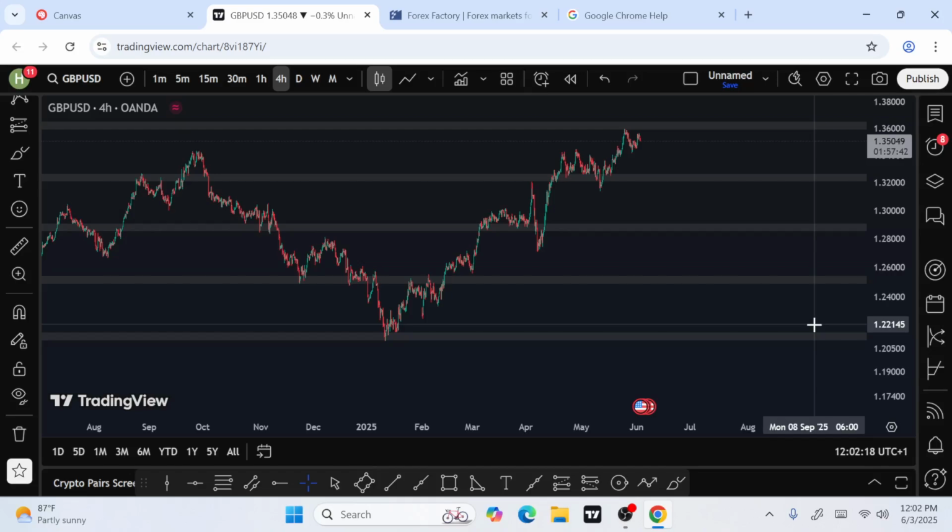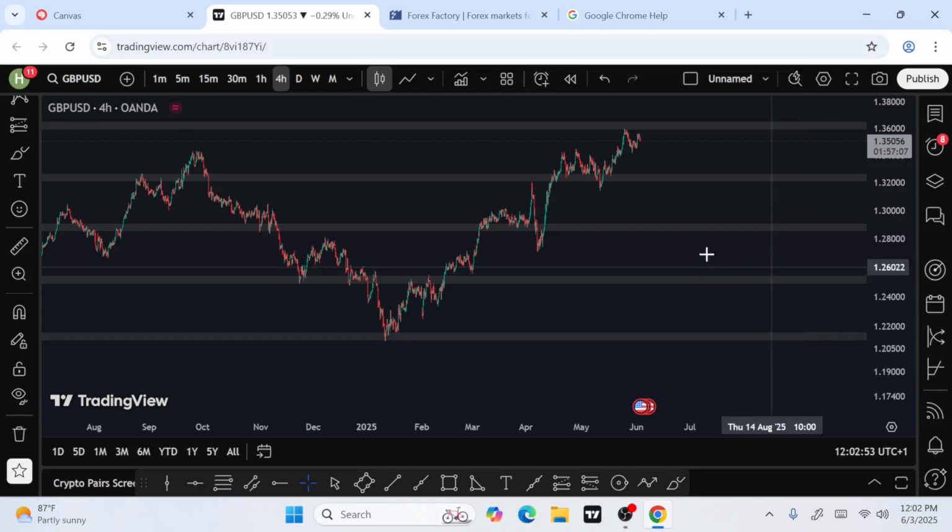A week and what? 4 hours. So to derive your minor zone, what time frame will it be? You are mixing it up. I said to derive your major zone, you use weekly time frame and daily time frame. You set it on weekly time frame and you use your daily time frame to check if it's aligning. Then you use your 4 hours and 1 hour to derive your minor zone.